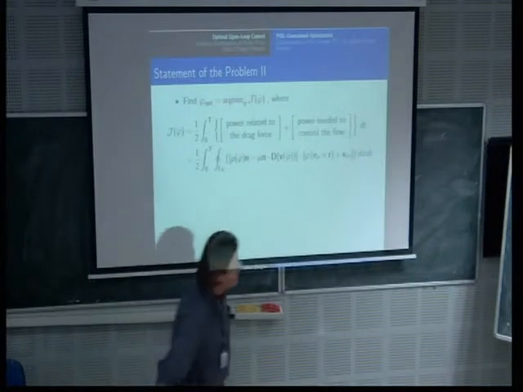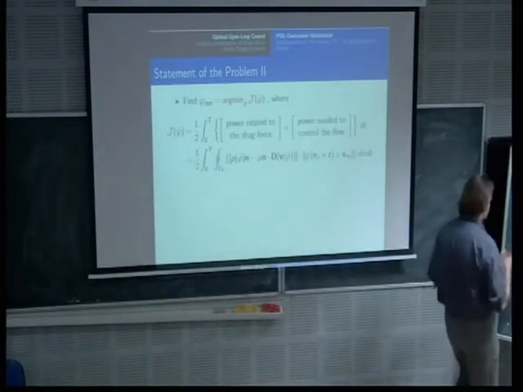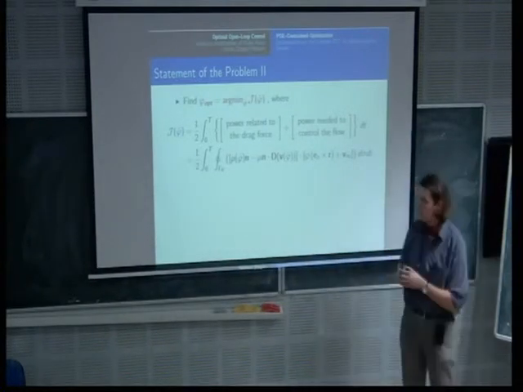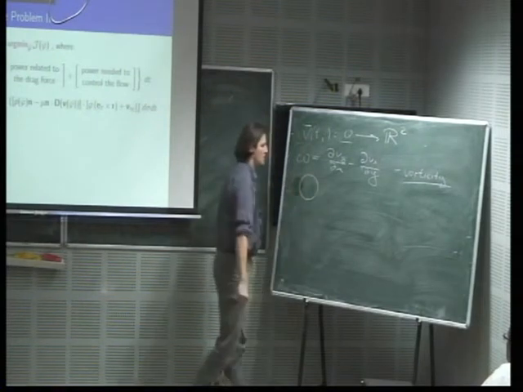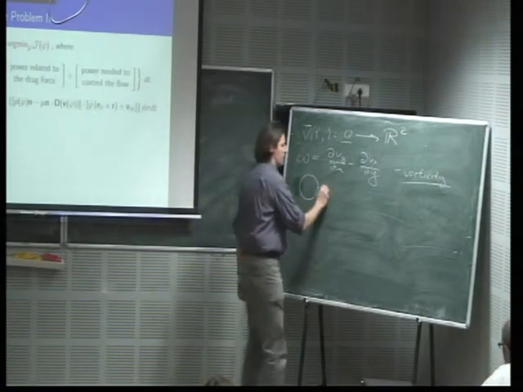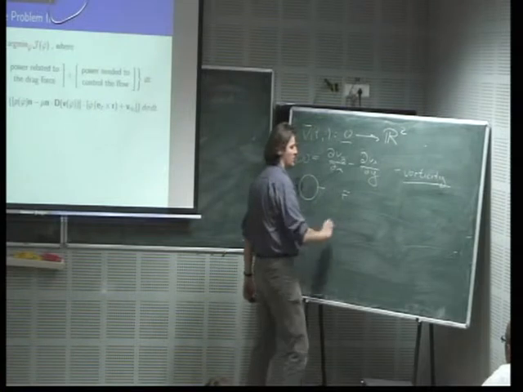Maybe I'll write some explanation here. This is a winter school, so I'll try to be more explicit than what is just written on the slides. If we have an obstacle, then the force acting on the obstacle can be computed in the following way.